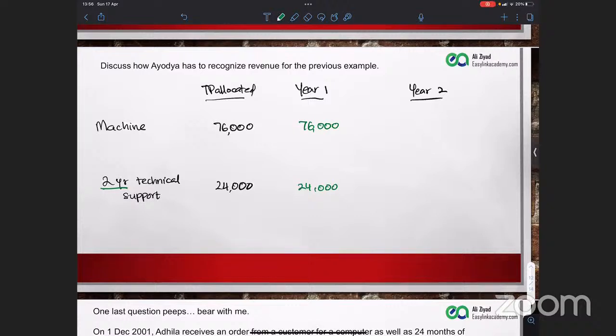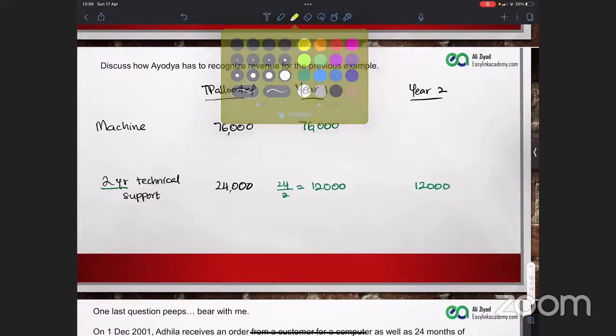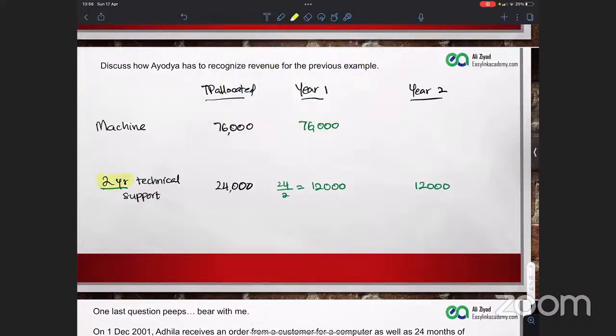So that means first year, how much will be recorded, guys? 24,000 divided by 2. How much? 12,000. In year 2, how much will be recorded? Another 12,000. So remember, guys, when the service is provided over time, you have to record it over time.